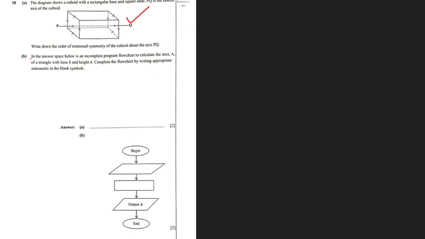In the answer space below is an incomplete program flowchart to calculate the area A of a triangle with base. So, what is the area of a triangle? This is the area of a triangle.